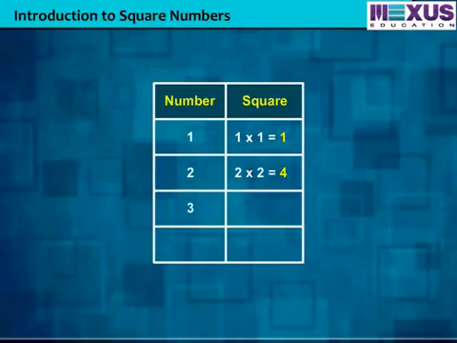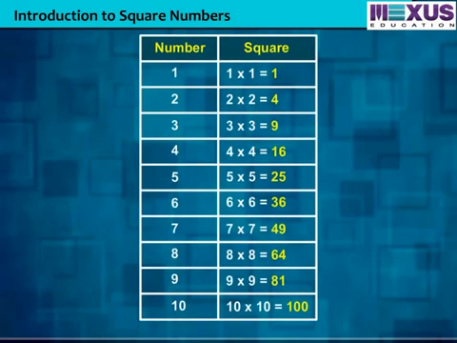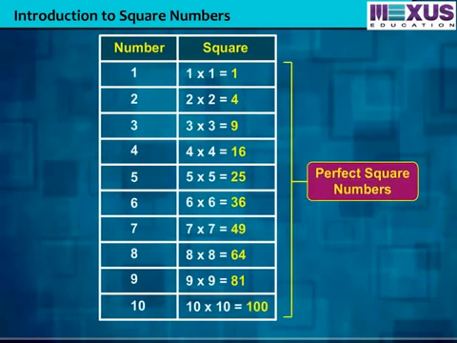Likewise, the square of 3 is 9. Now can you say what is the square of 4? Yes, the square of 4 is 16. Similarly, calculate for other numbers too. Thus, numbers 1, 4, 9, 16, and so on are the square numbers. They are also known as the perfect squares.